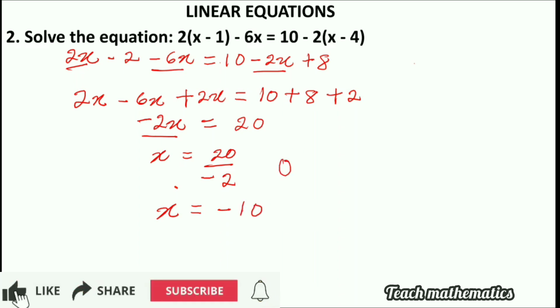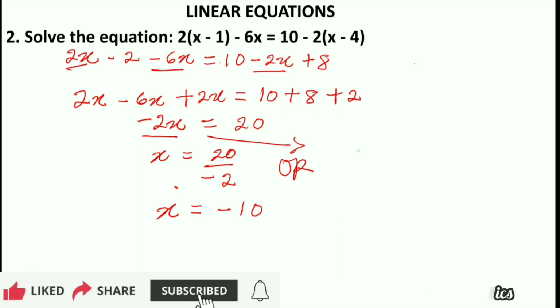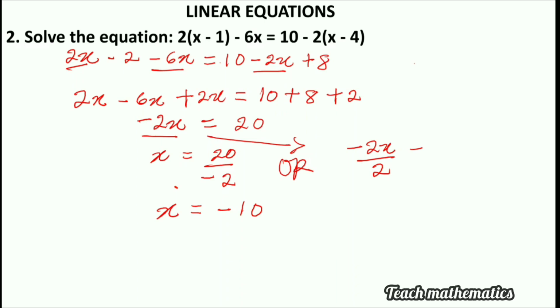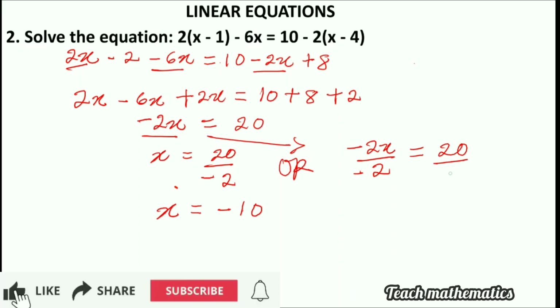In this case, some say that you divide both sides by the coefficient, that is minus 2x over minus 2 equals to 20 over minus 2. The coefficient of x is minus 2, and so dividing both sides is the same as when you divide just the other side by the coefficient.